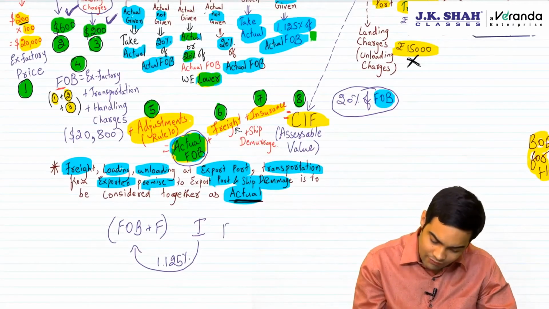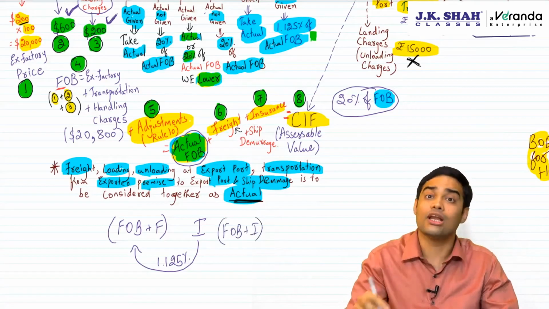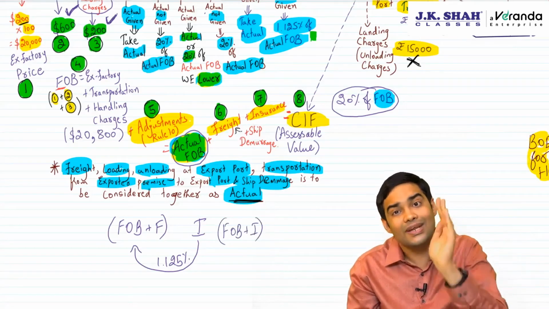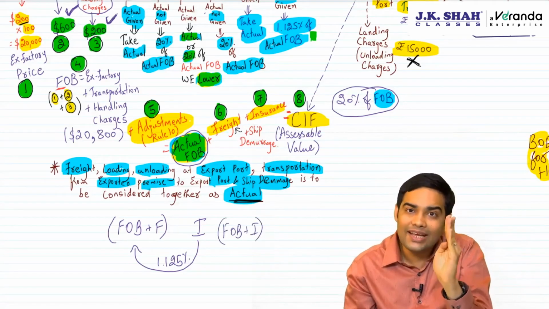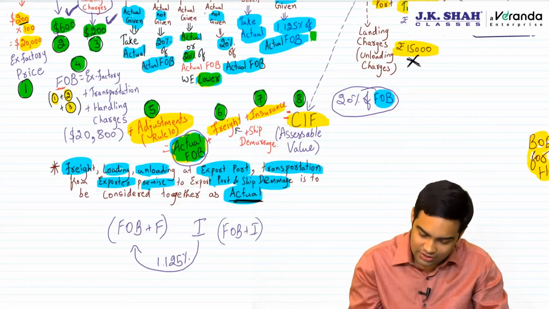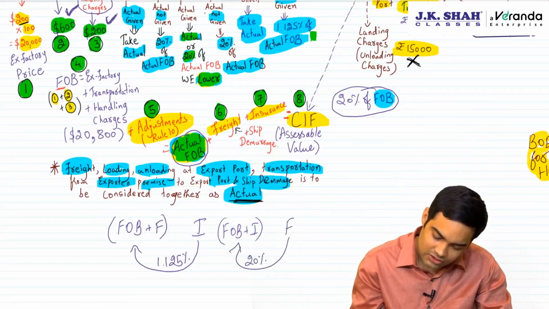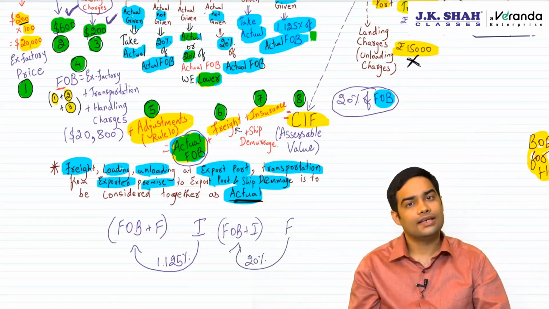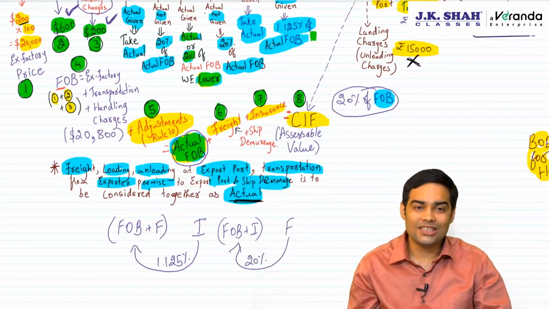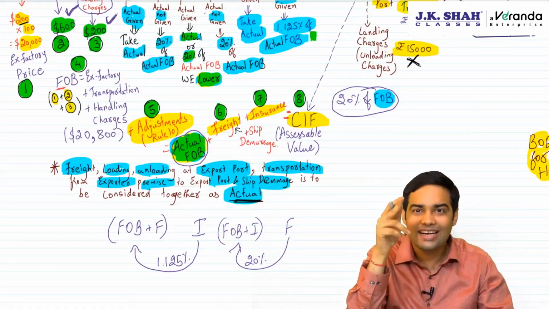Similarly, if FOB plus insurance is given to you and breakup is not available, the most important point is breakup is not available. If breakup is available, directly you will apply on FOB. If breakup is not available, freight will be considered as 20% of these two. In a normal circumstance, you would have done some mathematics and removed freight and then applied it on FOB.